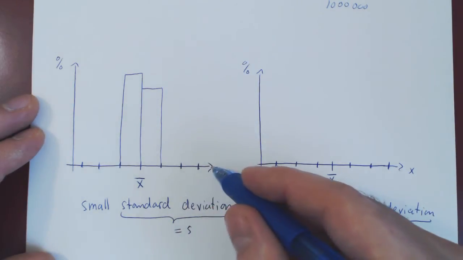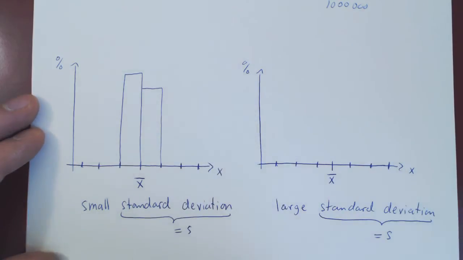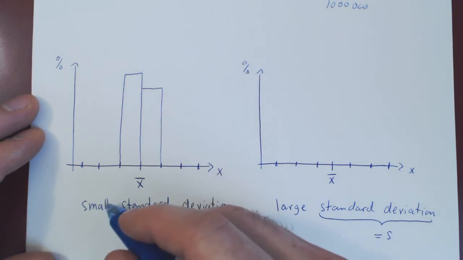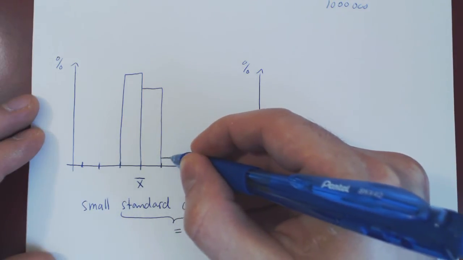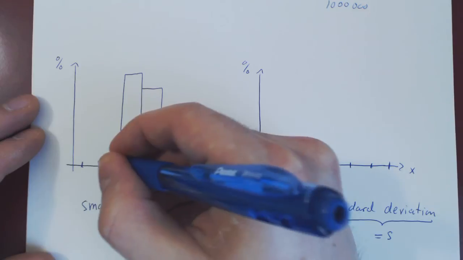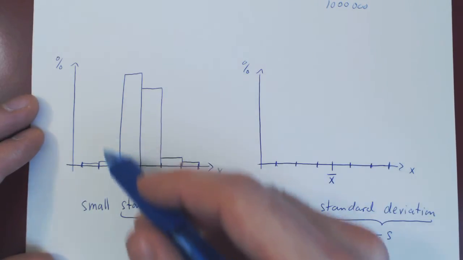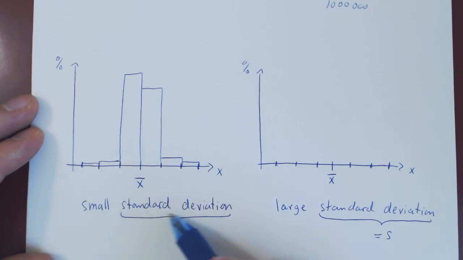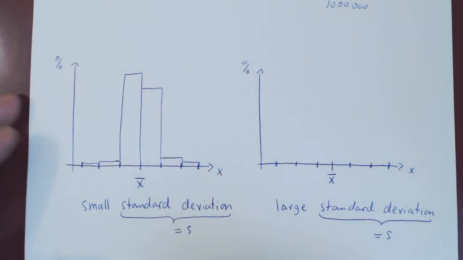And as you start moving away from the average value, you should have fewer of those because, again, on average, the values should be close to the average value. So you should have very low frequencies as you move further away from the average value. And this would be a histogram where you would have a small standard deviation as most values are found near the average value.